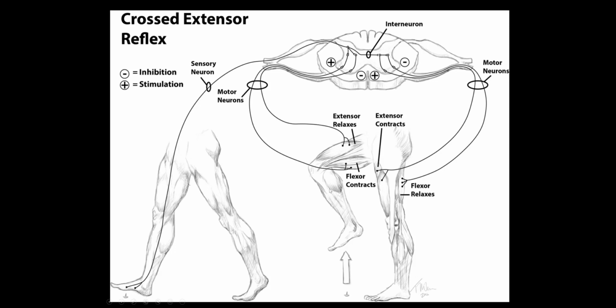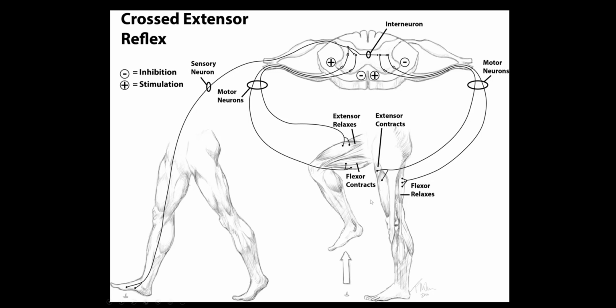Okay? But if you do that, you're going to fall over unless we have information that crosses over to the opposite side of the spinal cord to do exactly the opposite, which is to activate the extensor and to inhibit the hamstring so that your leg straightens out. So you balance on the opposite leg. So, how often do you step on a tack? Not very often.